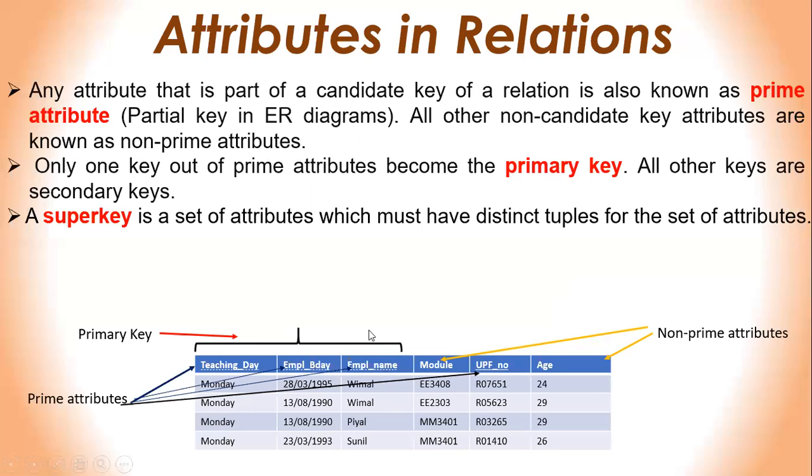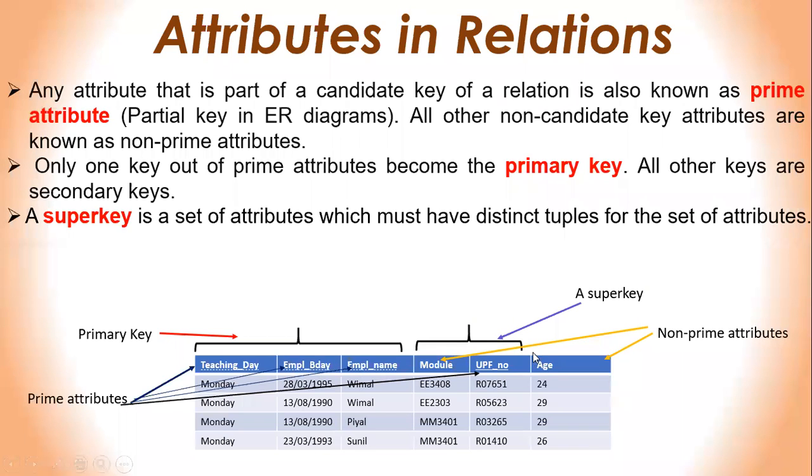If you remove employee name, then these two together will not be anymore a super key. Because these three together can form a key, but if you remove any attribute, then these two together will not form a key or a super key. So that means this is a minimal super key.